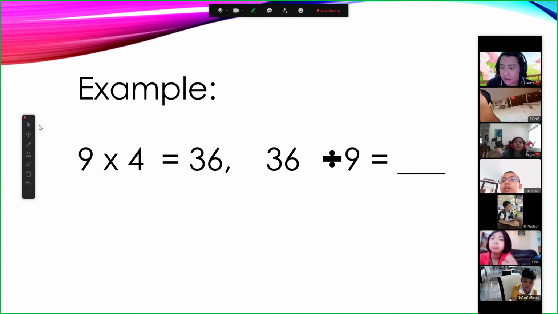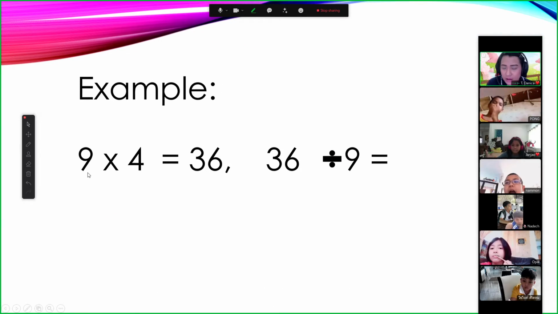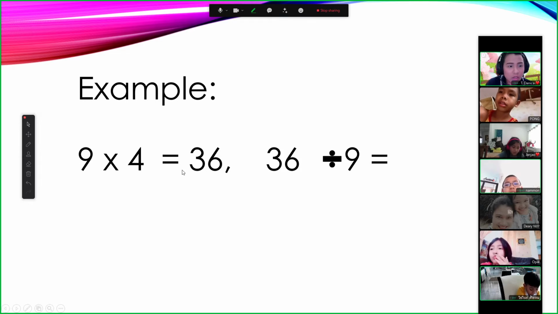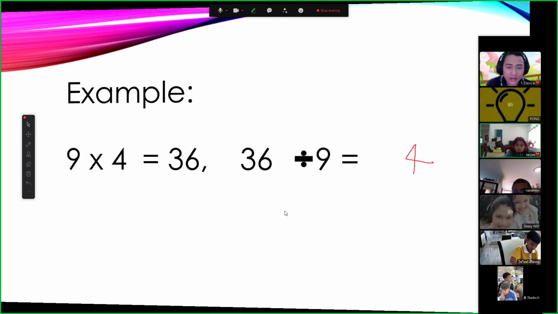Next. 9. Everyone read. 9 times 4 equals 36. It's the same as 36 divided by 9 equals what? 4. That's the same one as the earlier.